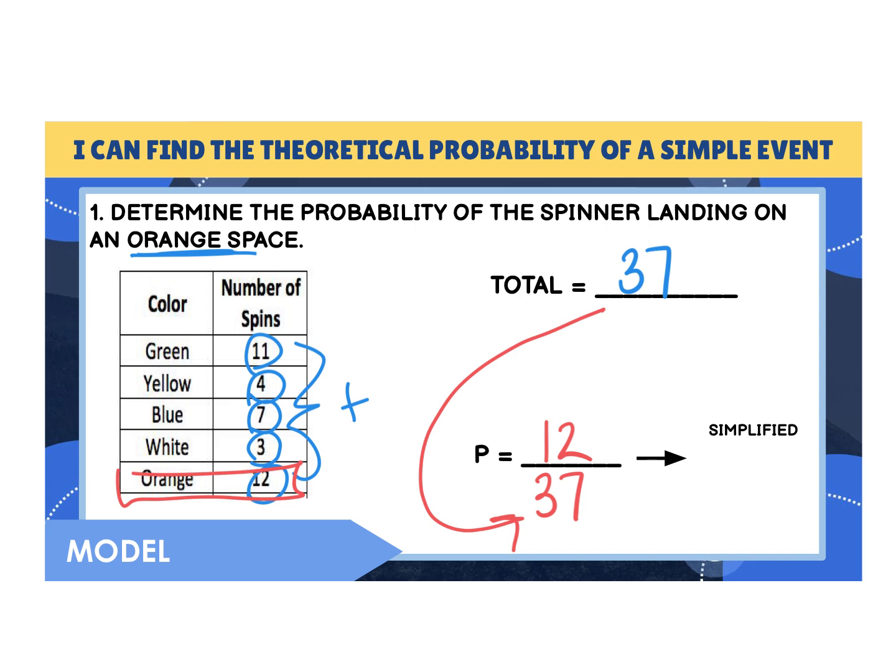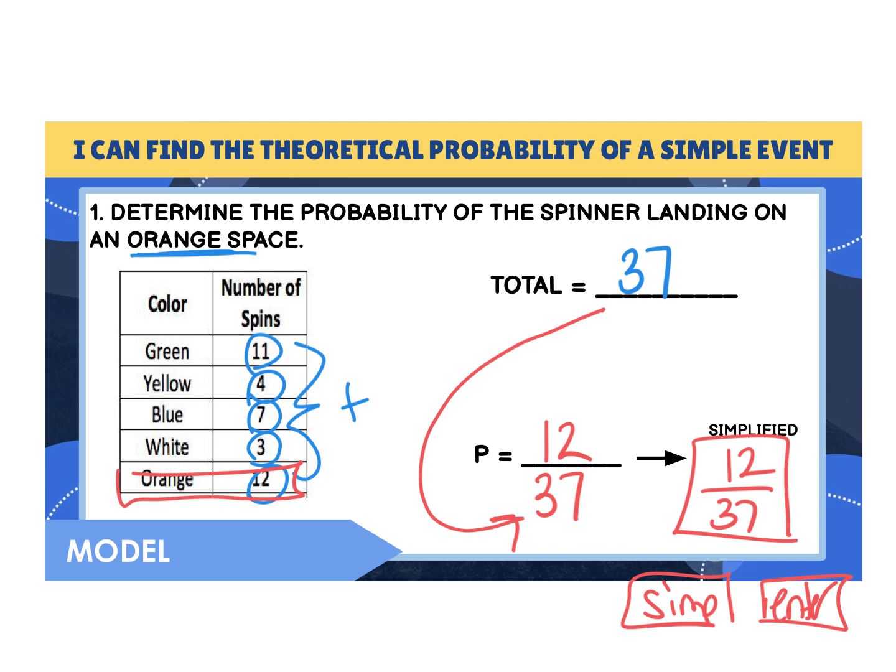You can type in 12 over 37 as a fraction, hit the simp button, S-I-M-P, hit the enter button, and it will simplify it. 12 over 37 is not going to simplify, so we'll keep it as 12 over 37. Could also change it to decimal form by doing 12 divided by 37, which will give us 0.324 repeating.